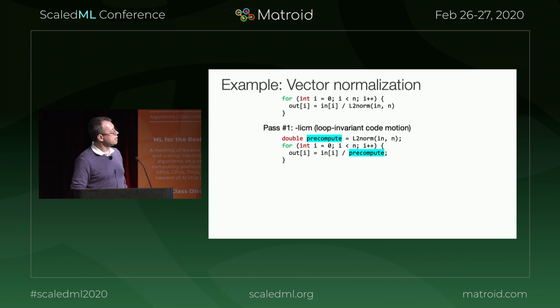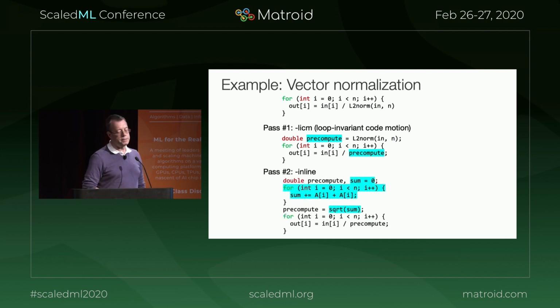What this means is that if you have something inside the loop which remains constant over the entire duration of each iteration, you can take that variable and pull it out. Right? So in this case, you see the L2 norm doesn't change in the loop, so you can actually pull it out of the loop. Right?